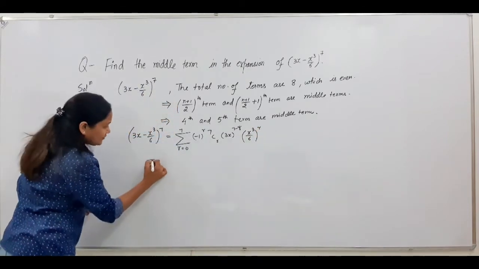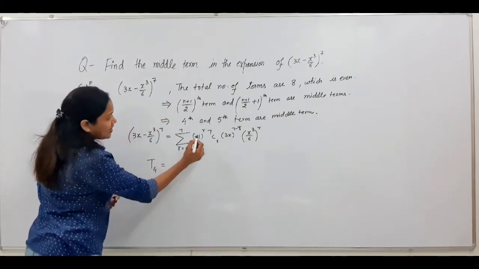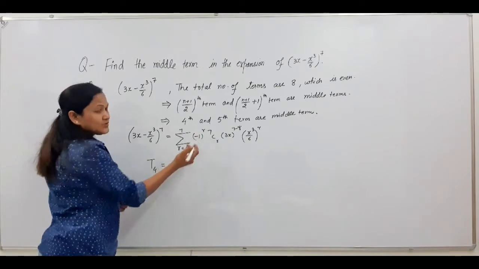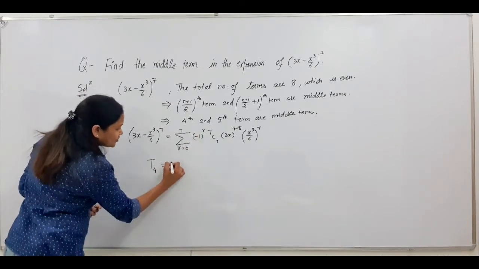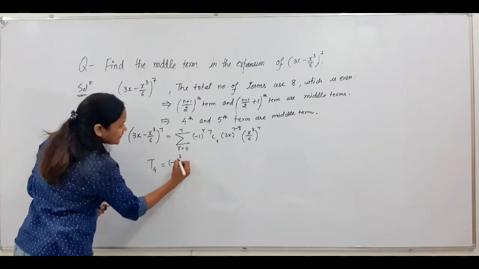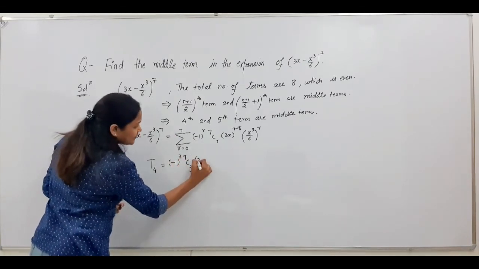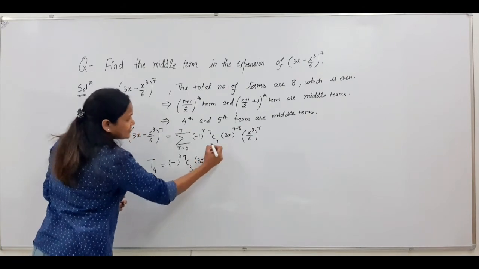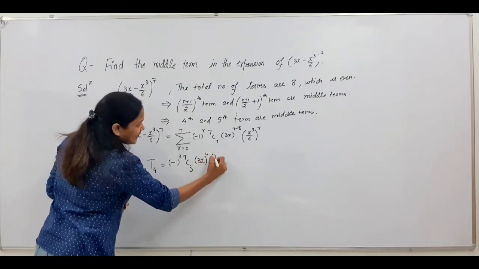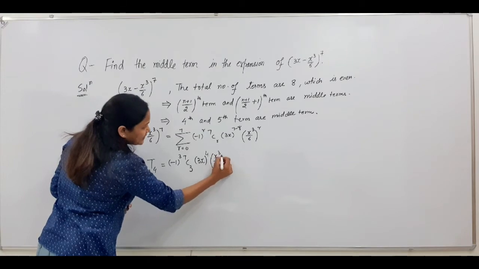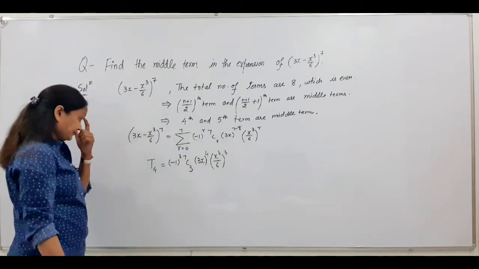So your 4th term will be when r is equal to 3. So your 4th term will be minus 1 raised to power 3, 7c3, (3x) raised to power 7 minus 3, and (x cube upon 6) raised to power 3.